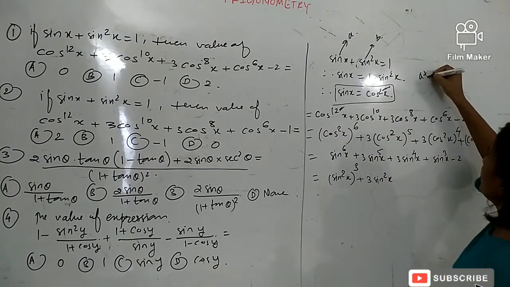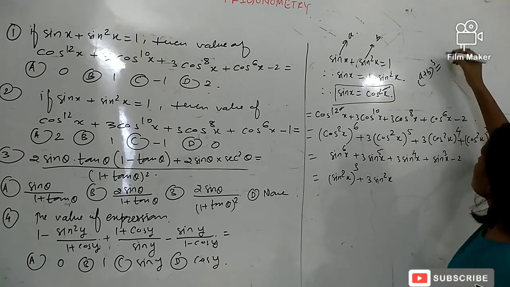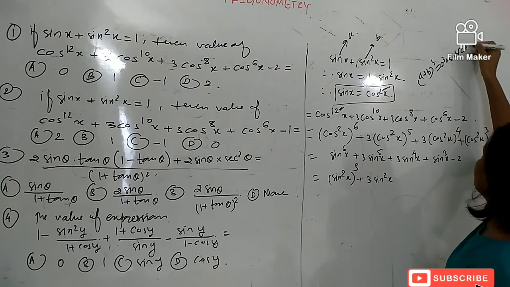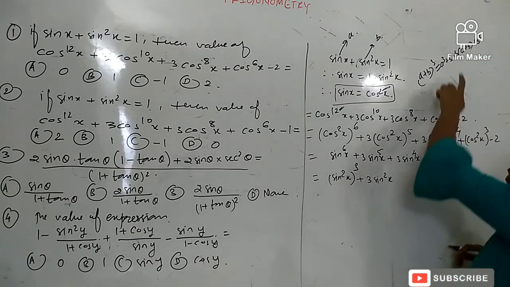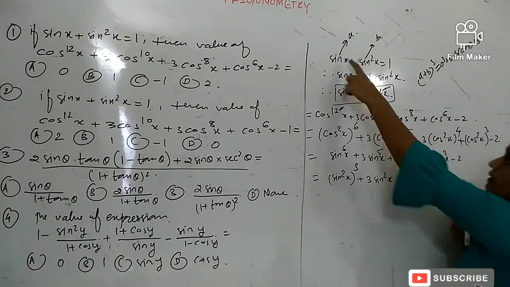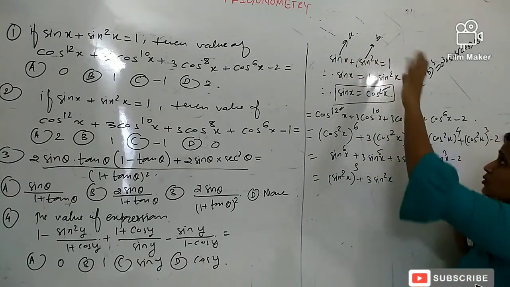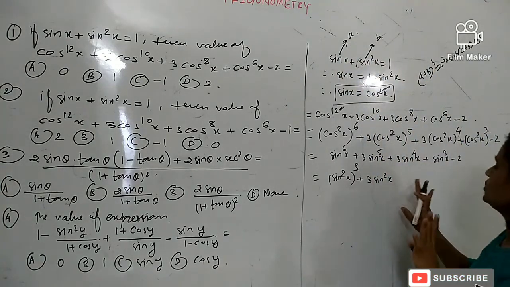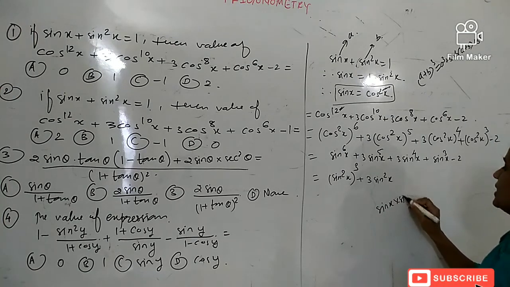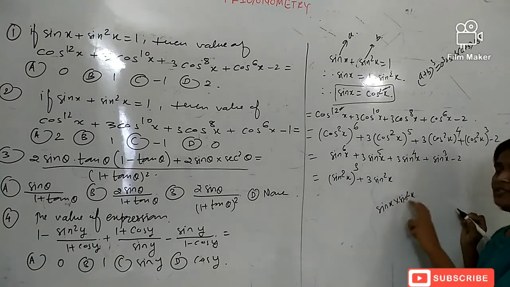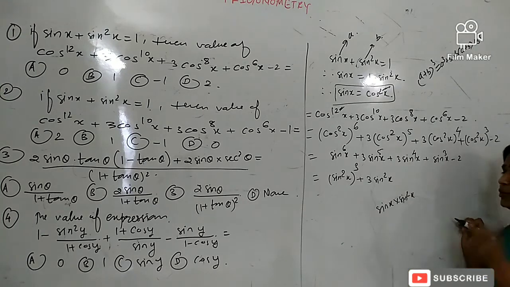So a plus b whole cube, this expansion is a cube plus 3ab bracket a plus b plus b cube. So my a value is sin x and my b value is sin square x. Sin x into sin square x is sin cube x.